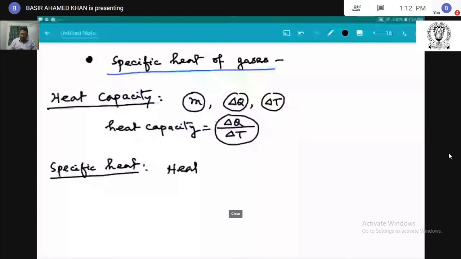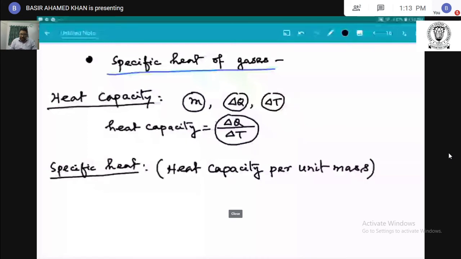Heat capacity per unit mass is known as specific heat.